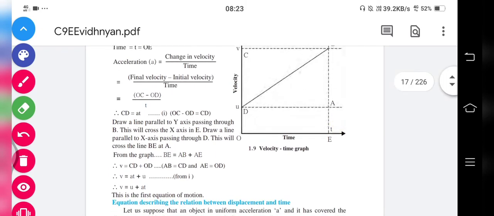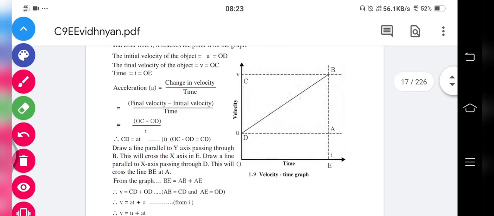So now from this graph, from the graph BE, where is the BE? This one is the BE, is it? BE equal to what? This one plus this one, is it? Yes.